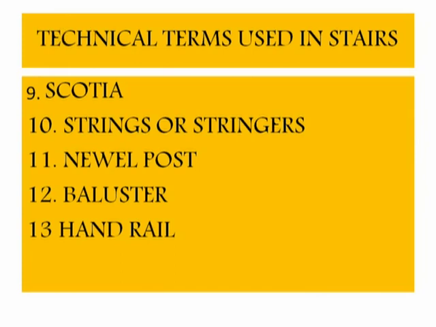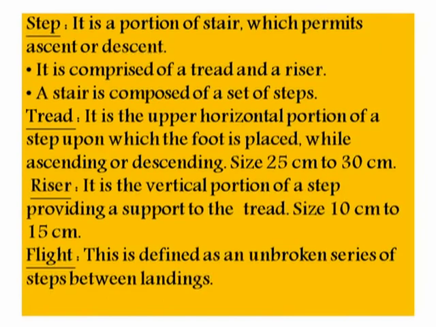So these are the technical terms which are used in a stair. Let us see this terminology. First is a step. It is a portion of the stair which permits the ascent or descent. Means you can climb it, starting from one step to another step.